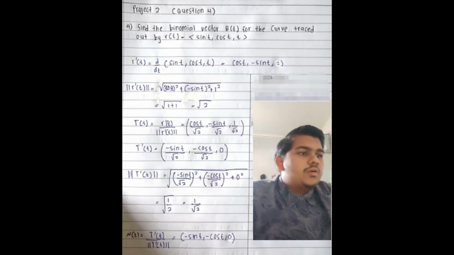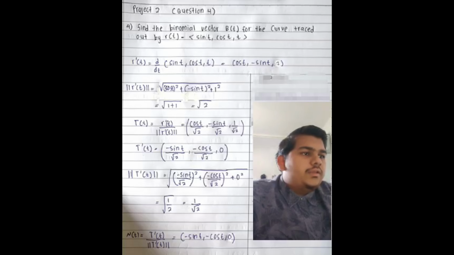Step 2 is to compute the magnitude. |r'(t)| equals the square root of cos² t + (-sin t)² + 1², and we get the square root of 2.